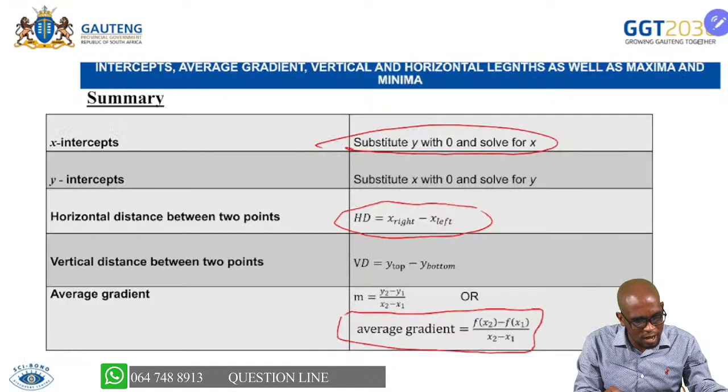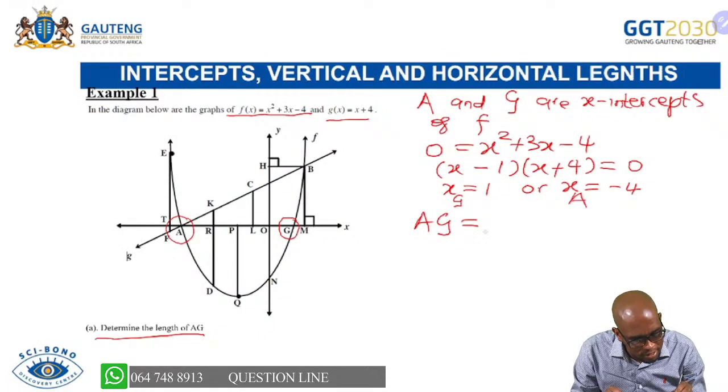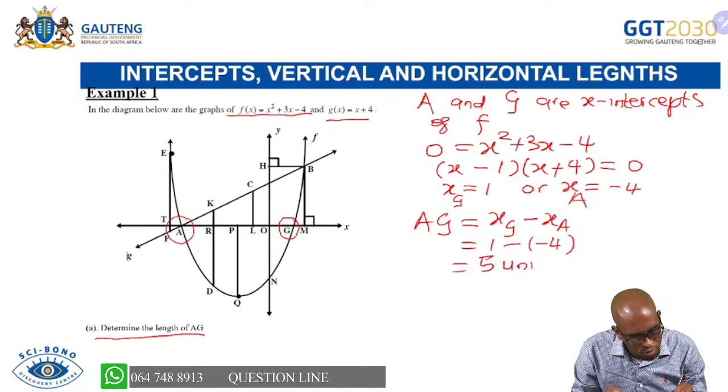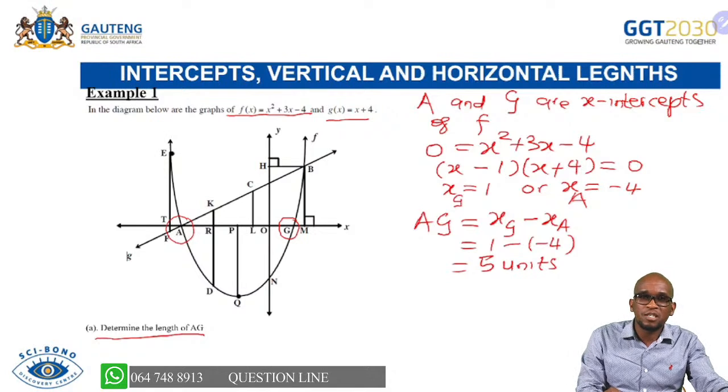In this case, x on the right is x at G minus x at A. So we're going to have 1 minus -4, which simplifies to 5 units. So the length of AG in this case would be 5 units. Right, moving on.